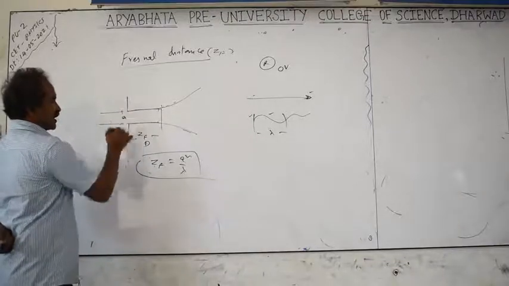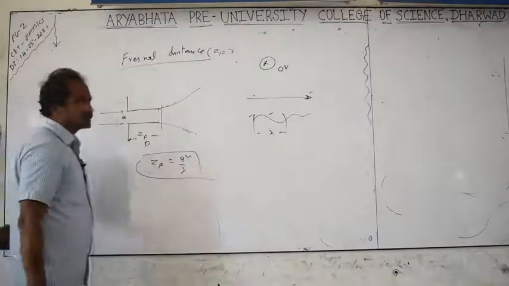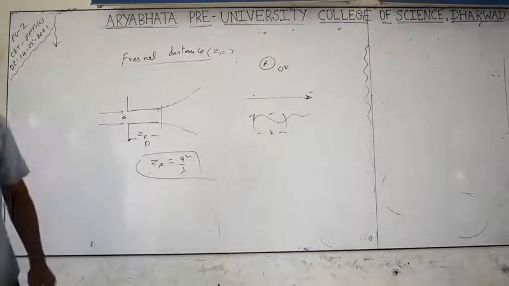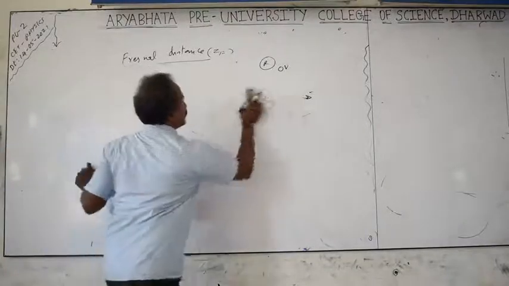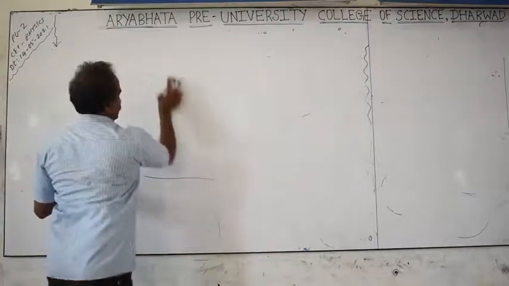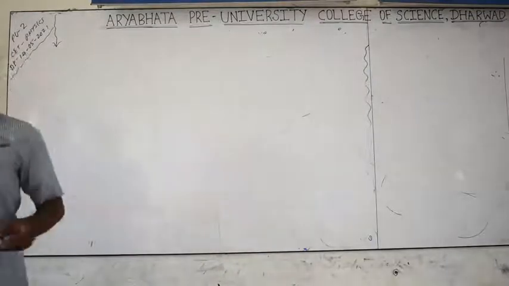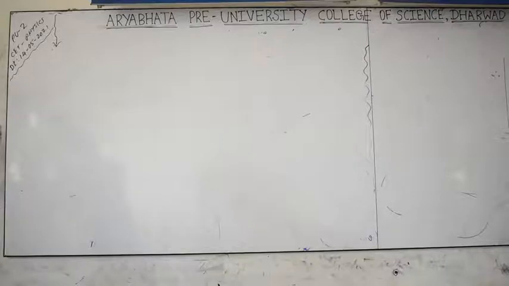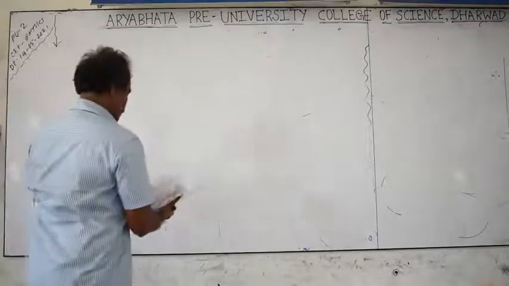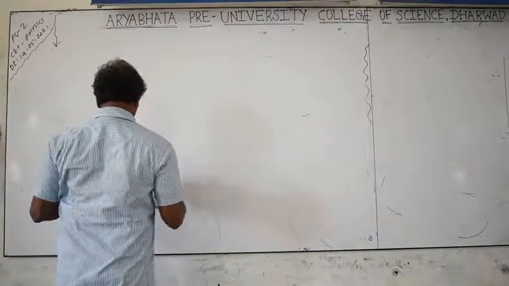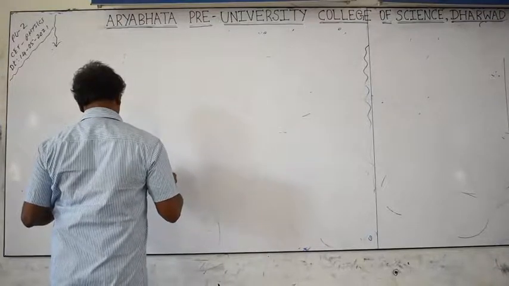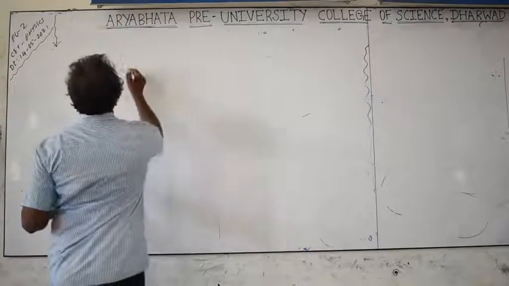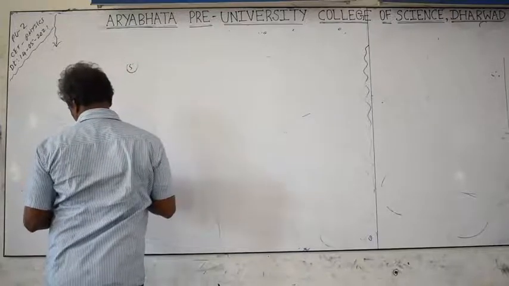Our aperture size we can also take as A. The problems based on this are material problems 2, 3, 4, and the fifth problem.